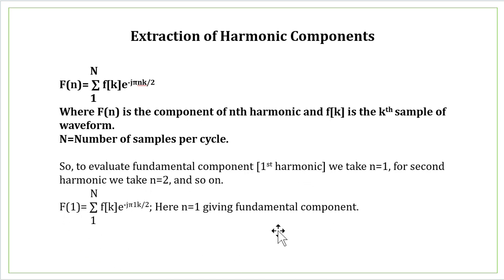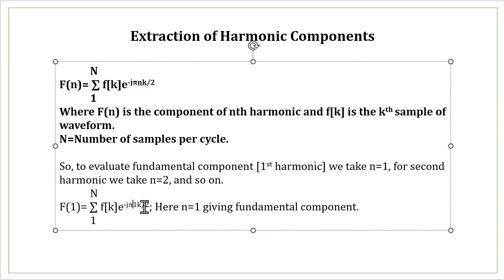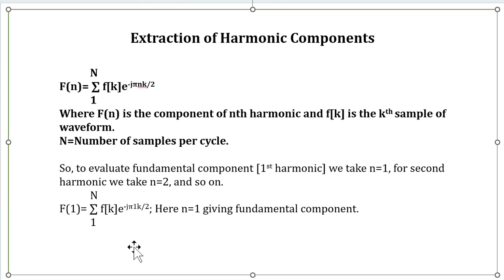So if n is equal to 1, F1 is the sum from 1 to capital N of Fk e to the power j pi into 1. See here, I have written 1 here, because n is equal to 1, since I am trying to extract the fundamental component or the first harmonic.